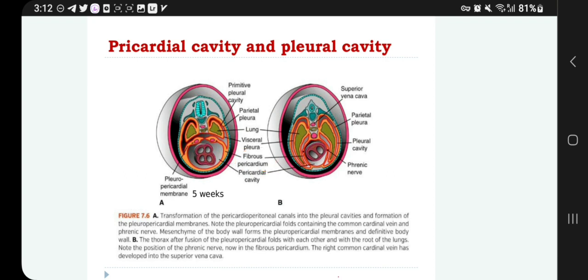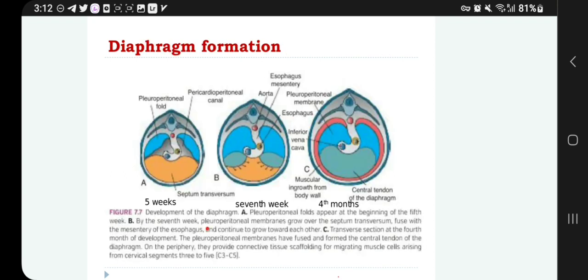Okay, but as I told you, when the septum transversum is between the pericardial and peritoneal cavities, the pericardioperitoneal canal is open.